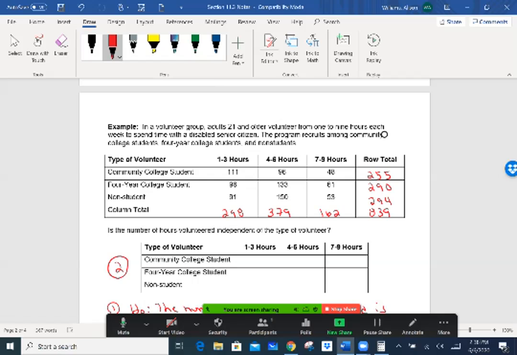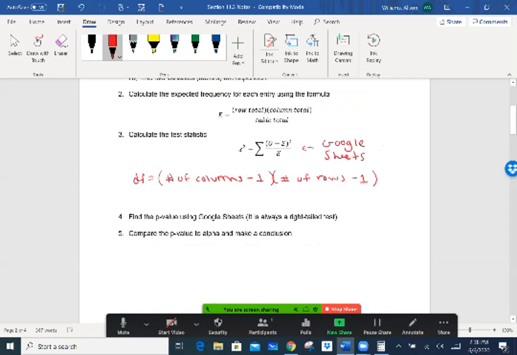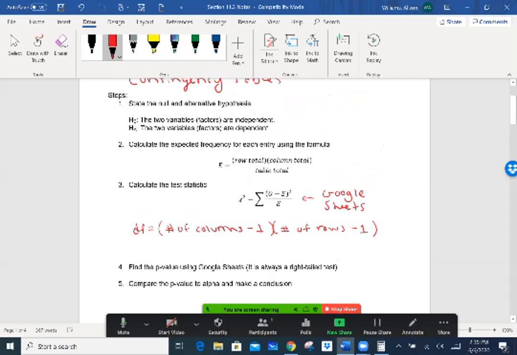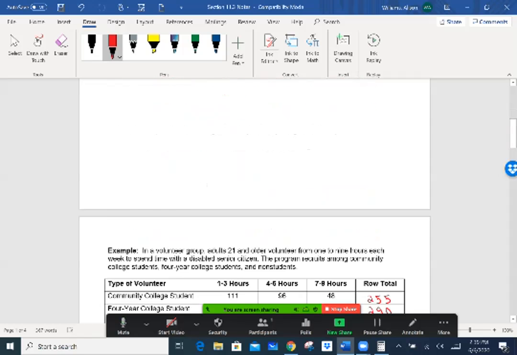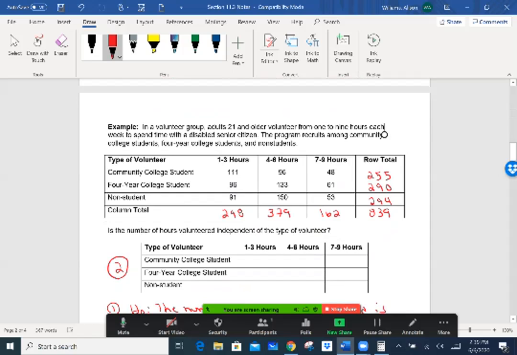Okay, so there's our row totals and our column totals. So to find the expected frequency, we are supposed to do the row total times the column total divided by the table total. There are 3 rows and 3 columns in this example, which means that if I am looking at row 1 and column 1, that would mean that I am looking at the community college student who volunteers for 1 to 3 hours.